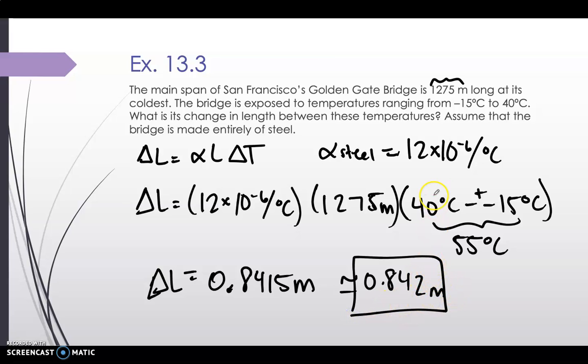So the change in length of the Golden Gate Bridge is a little less than 1 meter. Which is kind of crazy to think about, because 1 meter is give or take about 3 feet. Not exactly, but it's about 3 feet. So that's pretty crazy when you're thinking about the expansion of that bridge.